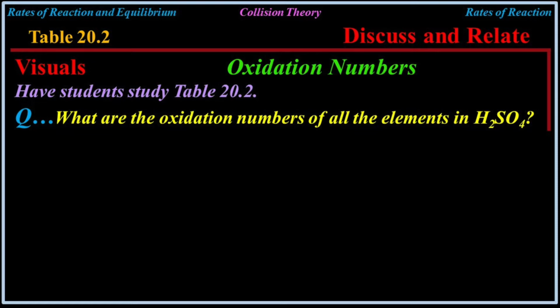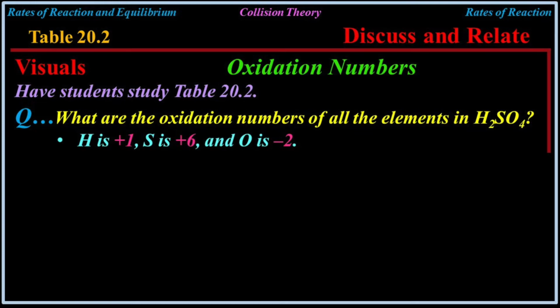So you've got to get positive 8. Well, hydrogen is positive 1, and you have 2 of them, so that's plus 2. So the sulfur will be plus 6. So the hydrogen is plus 1, sulfur is plus 6, and oxygen is minus 2. That's the answer. So I'll leave that up for a minute, let you consider my words.